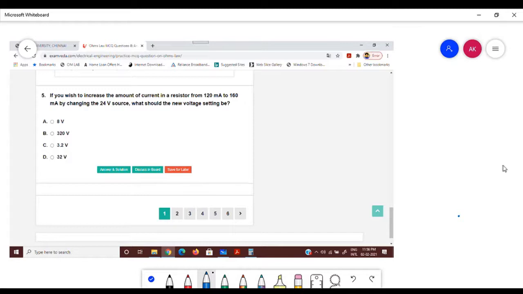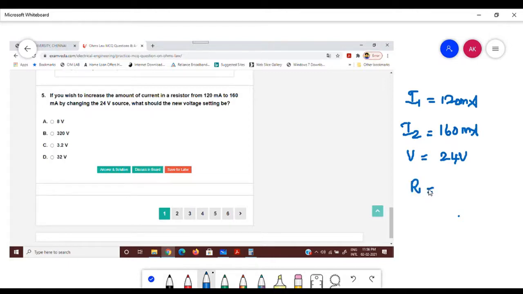Let me explain the same question. Here, if you wish to increase the amount of current, the first current level is given as I1 equal to 120 milliamps, and the next current level is increased to 160 milliamps, right? The voltage source here is 24 volts. So first identify the resistance. Based on Ohm's law, we know R is equal to V by I. So let me take the first value.